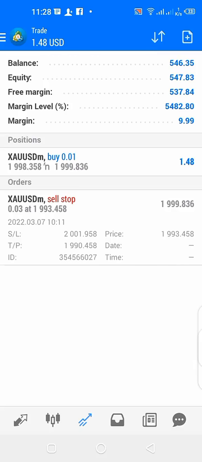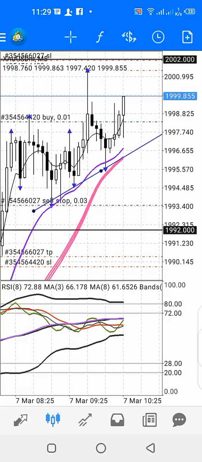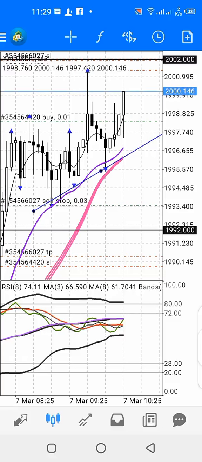Okay, it's in profit, and the pending order, my first edge trade, is not triggered. The ascending trend line is respected, and price is attempting to get to the 2002 resistance, psychological resistance level.